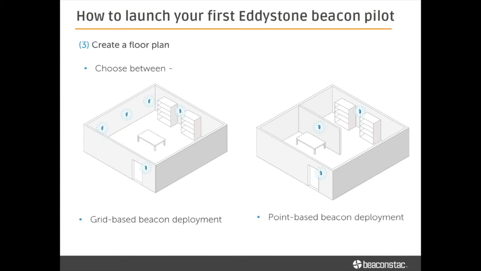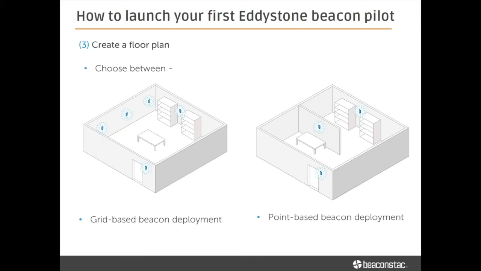Now, coming on to the next step, next would be to create a float plan. Here, first of all, you need to choose what kind of deployment you want to go ahead with. Say you want to engage with your customers at certain specific locations in the store. Say you want to send offers at the entrance of the store, or send coupons at the billing counter.